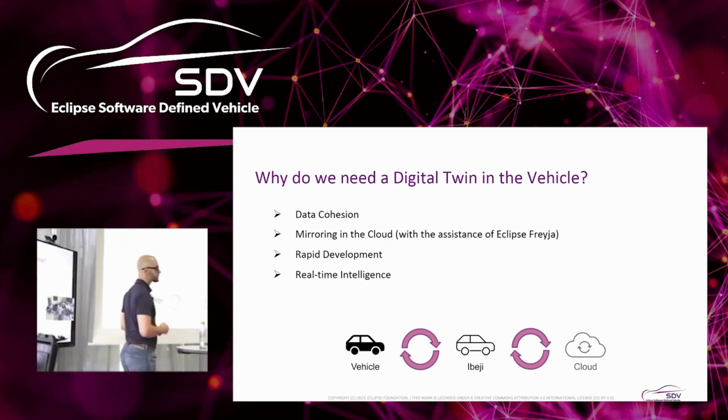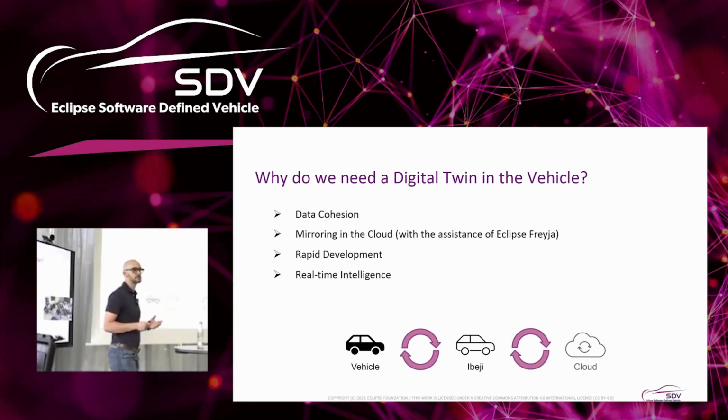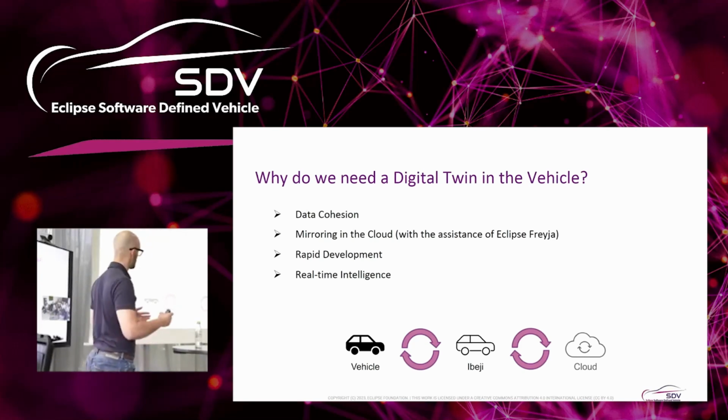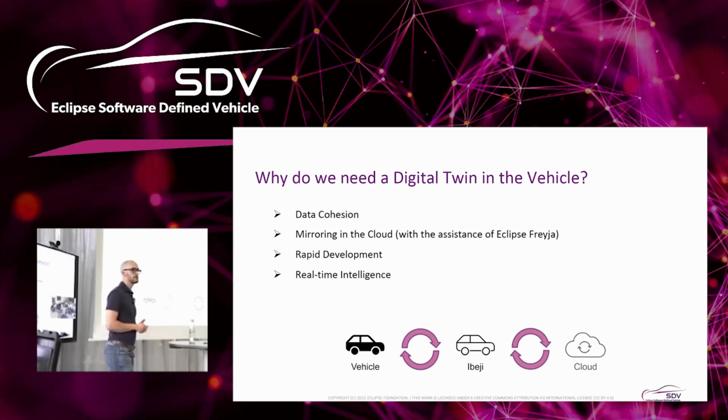Why do we need a digital twin, or what purpose does it serve? There are a lot of different purposes that a digital twin can actually serve in the vehicle as well as in other domains. One of the first points to mention here is data cohesion.